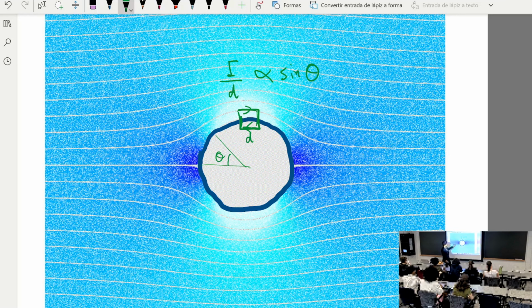It's not just a single vortex, it's a continuum of vortices, a vortex sheet, just like the case we did last Friday, when we were looking at the wake of a cylinder, basically the wake of a blunt body. That was another case where we have a planar vortex sheet. A planar vortex sheet has a gamma over d that's constant.